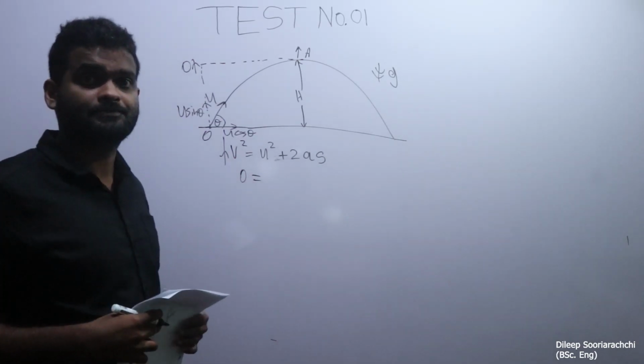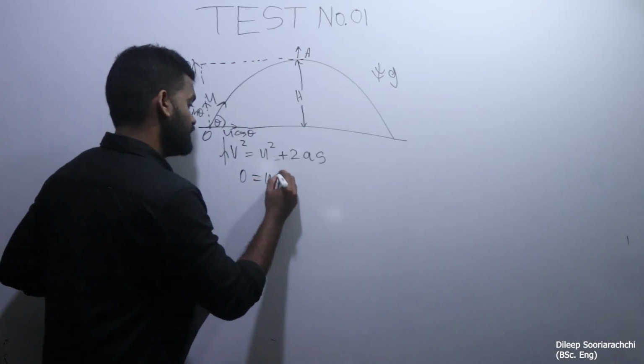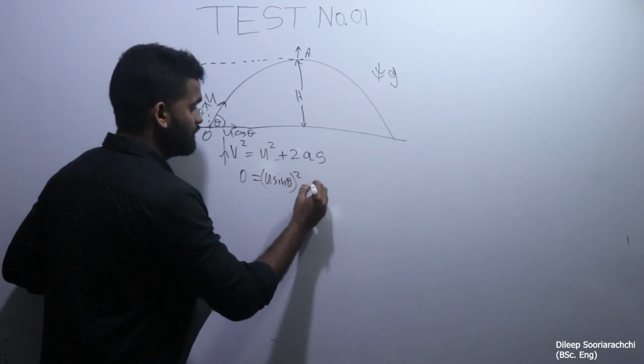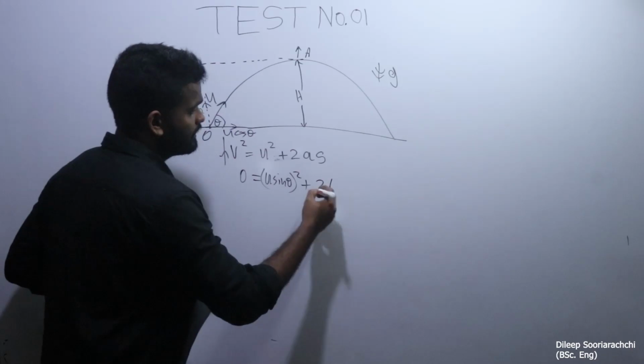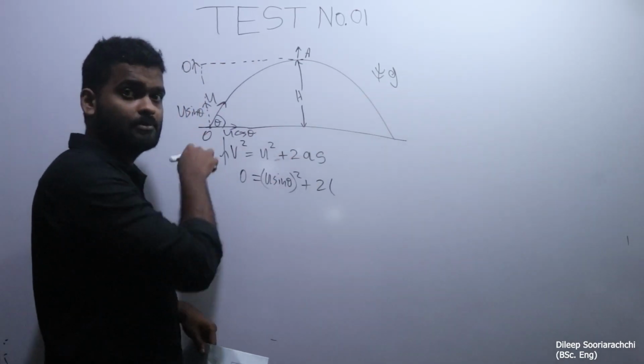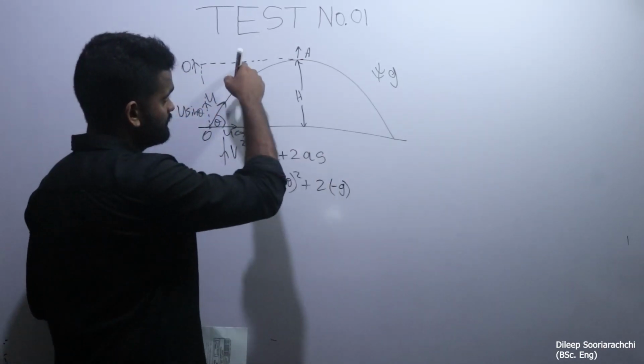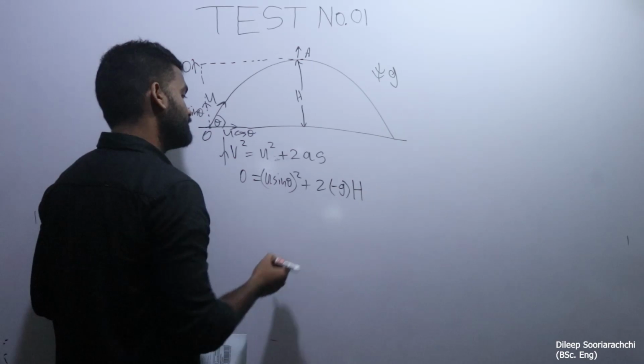Then u squared, that is u sin theta squared, plus 2, acceleration is downwards. Since I applied the equation upwards, I am putting minus g here. Then the distance it traveled is capital H.